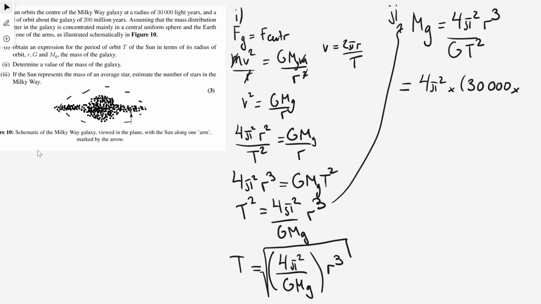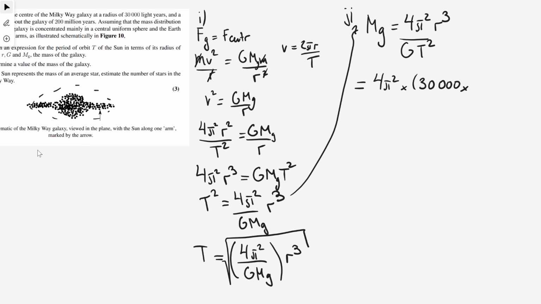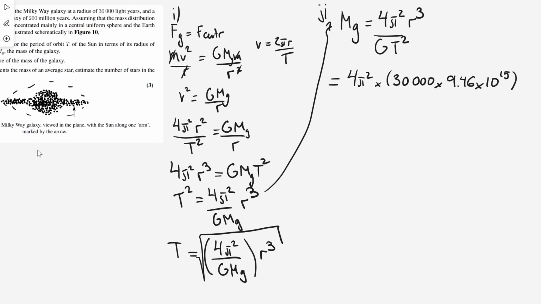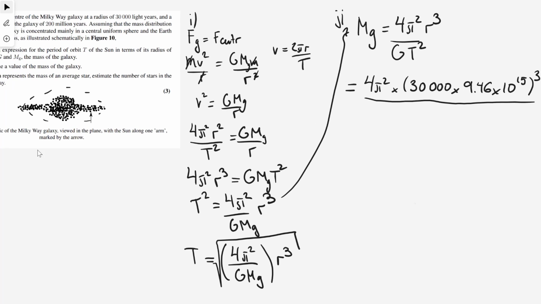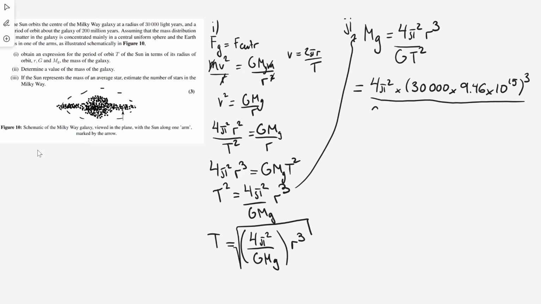The value of a light year is normally given in your formula booklet, and remember, you're allowed to use a standard exam board formula booklet, so this will be 30,000 times the value of a light year, which is 9.46 times 10 to the power of 15 meters, and we're going to need to cube this like so, and let's divide that by the gravitational constant, which is 6.67 times 10 to the power of minus 11.